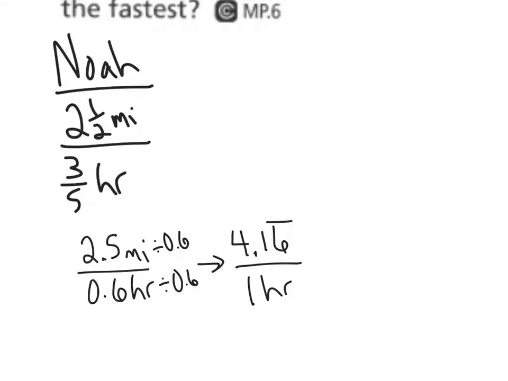This is potentially good enough for what we're trying to figure out here, but if we wanted to be a little more specific and not have that repeating decimal, what you can do is, with that answer still on the screen, hit the second button, which is in the top left.